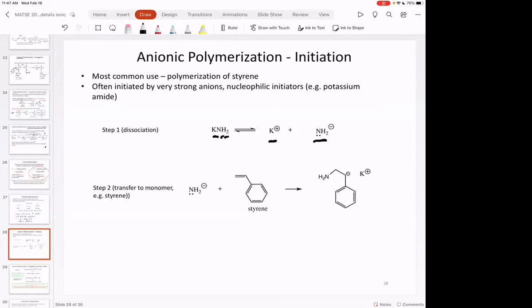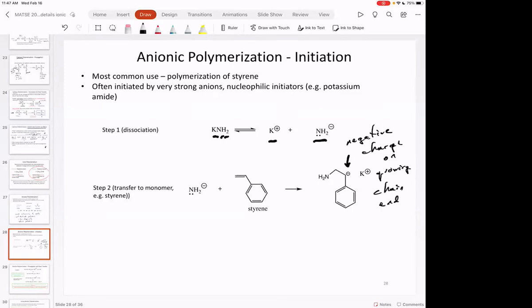So our initiator has to dissociate. And then we have this really interesting scheme where we initiate on a negative charge on the growing chain end.